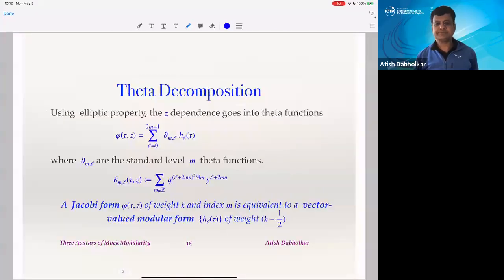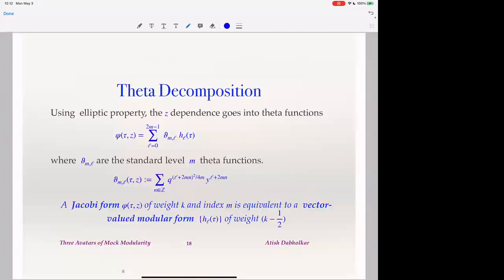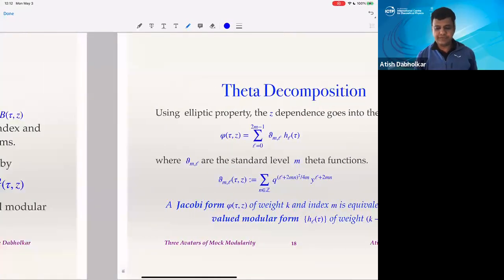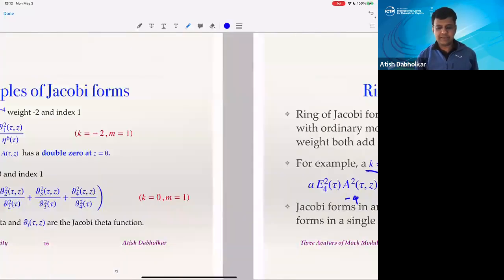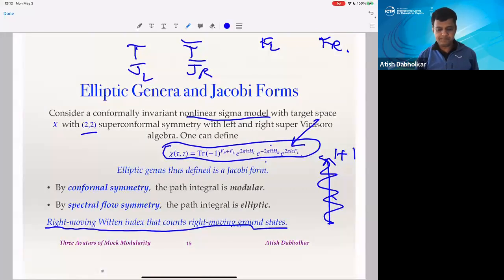And then by physics, why do we expect the elliptic genera to have such a property? Because only then your machinery of a ring will be applicable, right? No, that's very easy to understand from the physics point of view. The elliptic genus has to be modular for the simple reason that I explained; I went over it quickly. From conformal symmetry, you know that the path integral has to be modular.